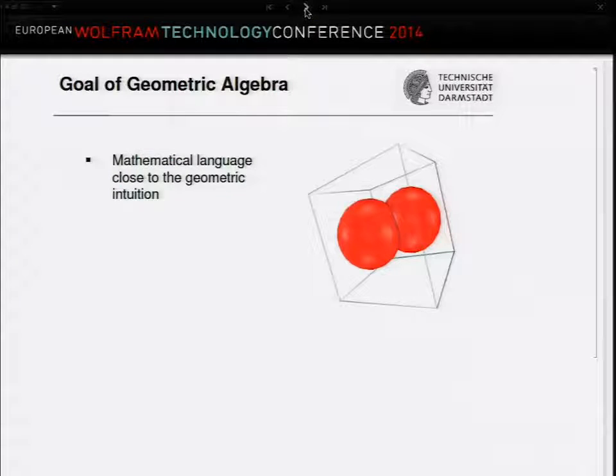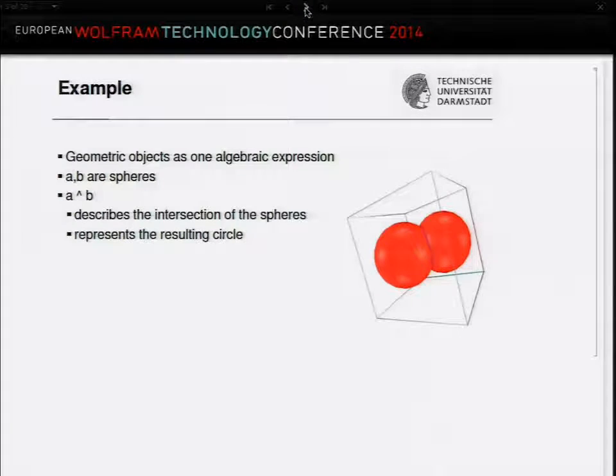So the main goal of geometric algebra is to provide a mathematical language as close as possible to the geometric intuition. Means, for instance, if you want to intersect two spheres, it can be expressed very easily in geometric algebra. You can compute with geometric objects like spheres. They are basic algebraic entities.